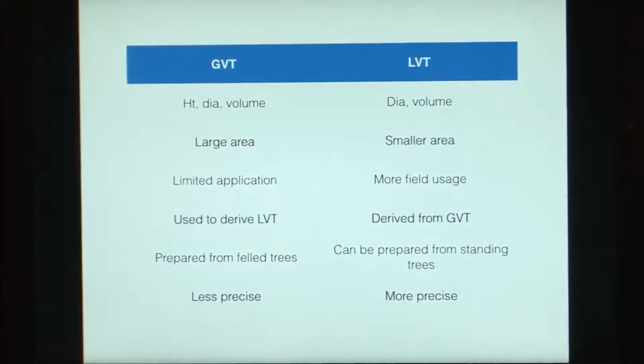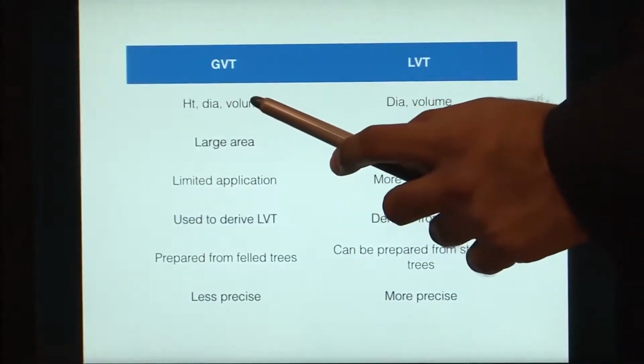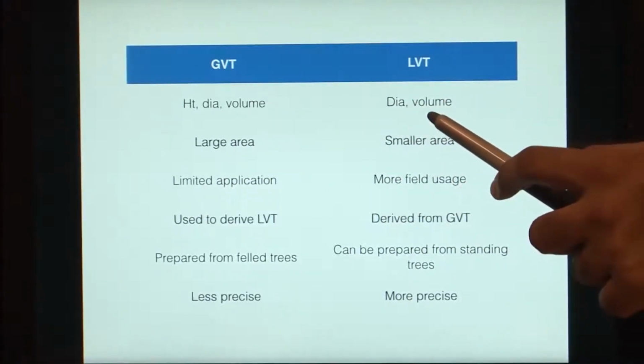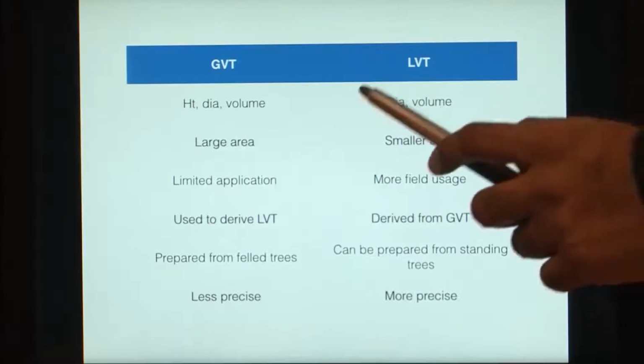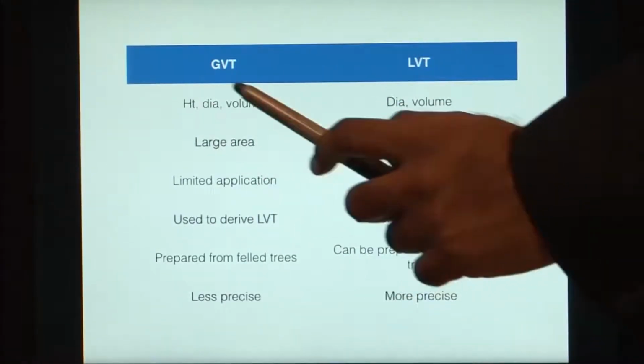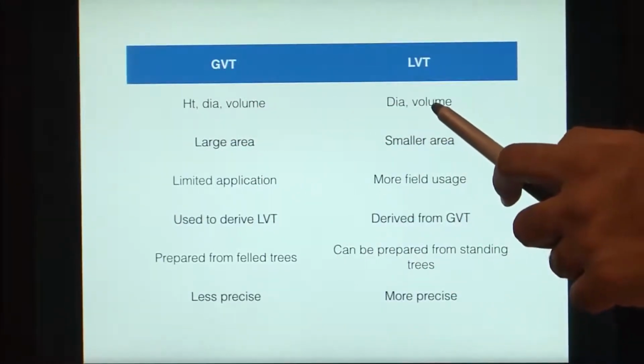The general volume table gives you three quantities: height, diameter and volume, whereas a local volume table will only give you diameter and volumes corresponding to those diameters, because we are considering that for this localized region, the height is a function of diameter and that has already been put into the volume values.